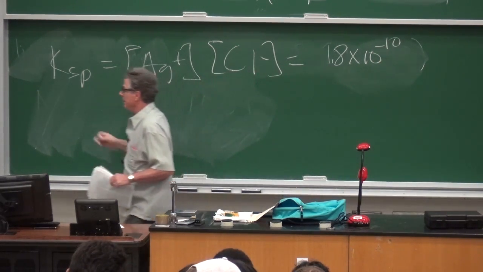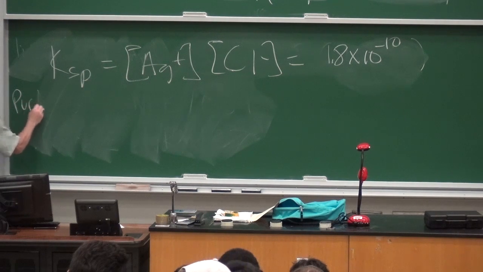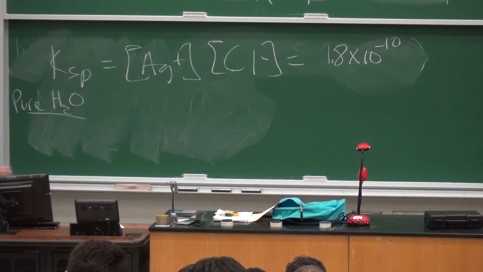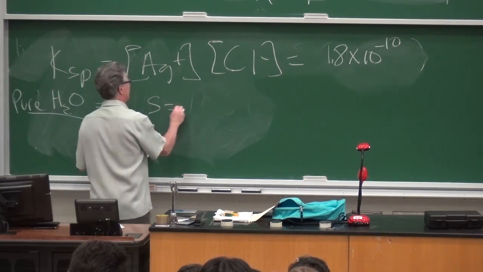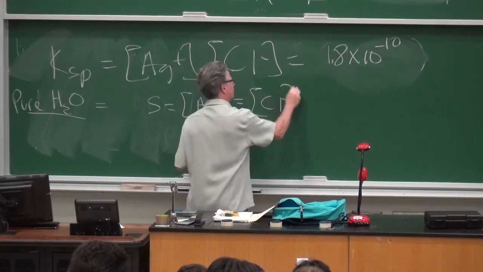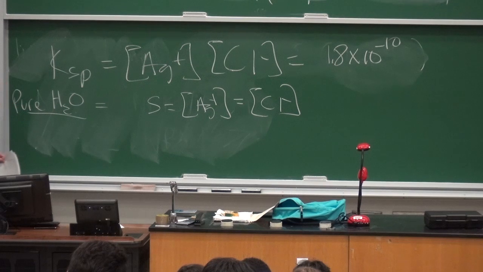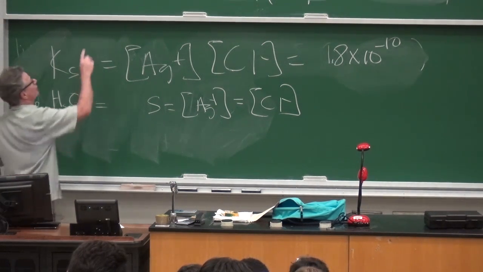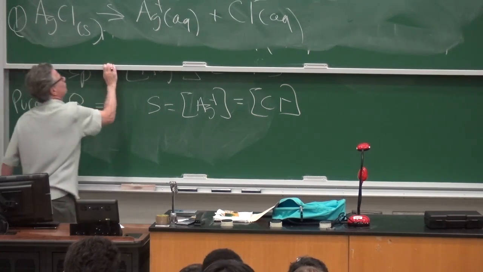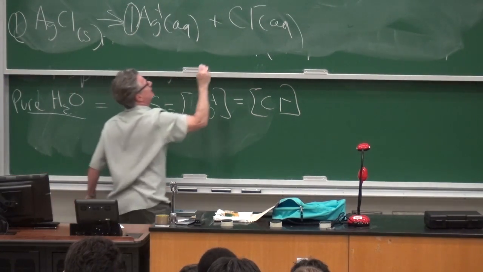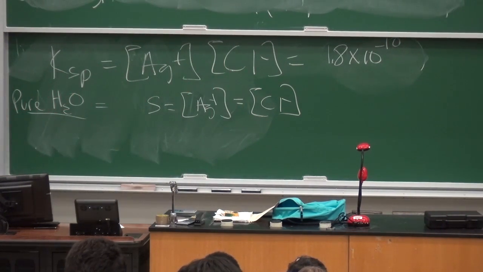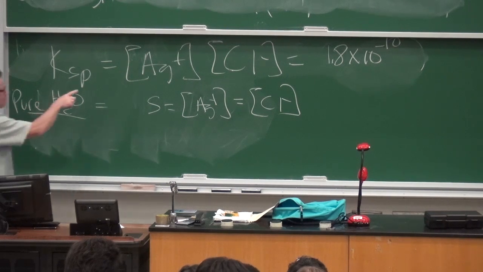So, in the pure water case, we say that the solubility is equal to the concentration of silver, and it's also equal to the concentration of chloride. Because in the pure water case, for every 1 silver chloride that dissolves, I get 1 silver and 1 chloride. So the solubility is equal to the silver is equal to the chloride.